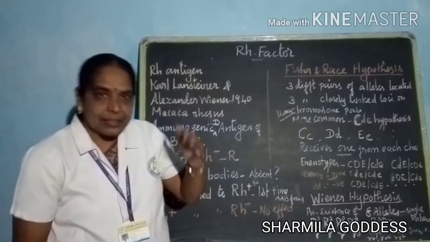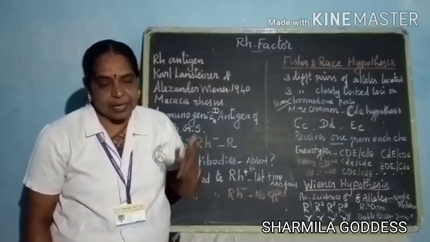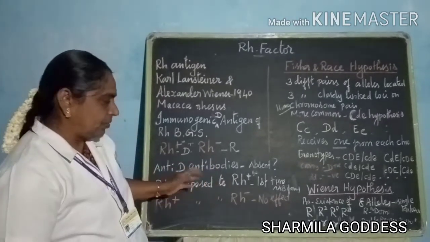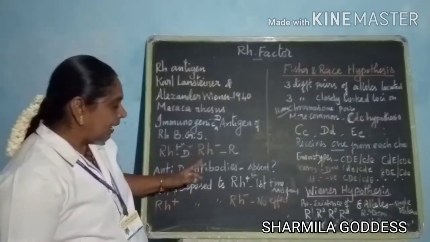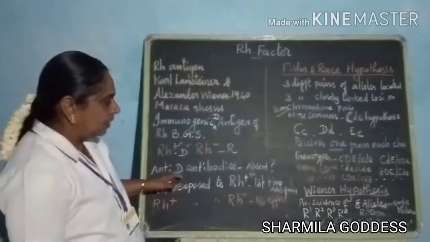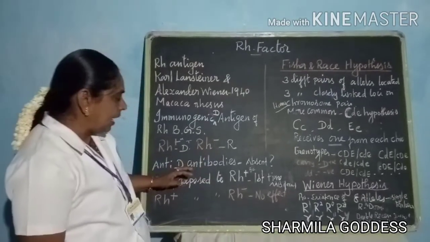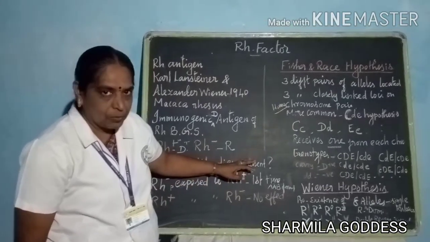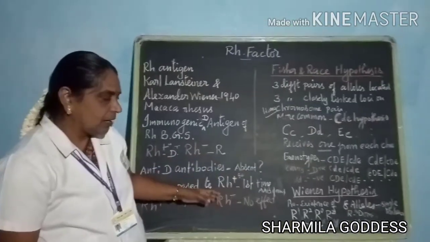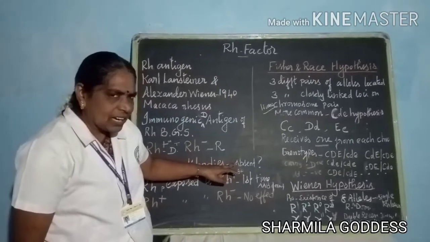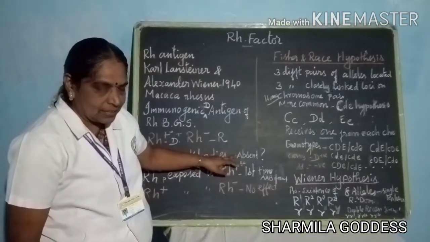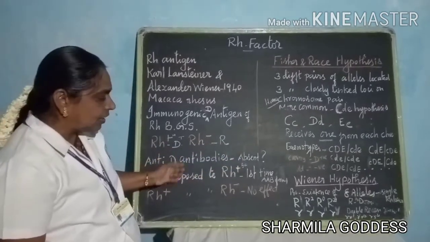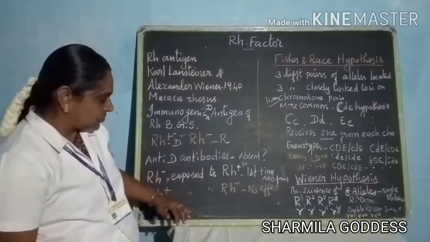Normally, human beings have no anti-D antibodies in the blood. But why are they absent? Here there is no chance of any disturbance in the RH group.